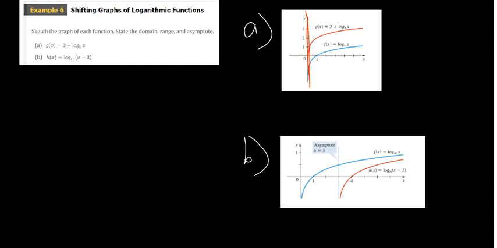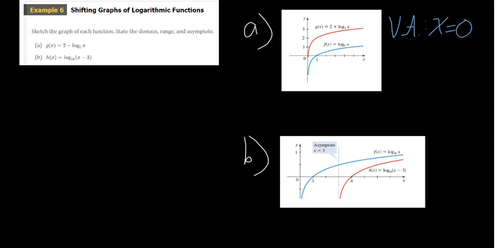X equals 0 is indeed the asymptote, mainly because this isn't going all the way down. We know that this logarithmic function goes all the way down, gets infinitely close to 0 without actually touching it. So x equals 0 is my vertical asymptote for A. We'll put it in blue: vertical asymptote, x is equal to 0.